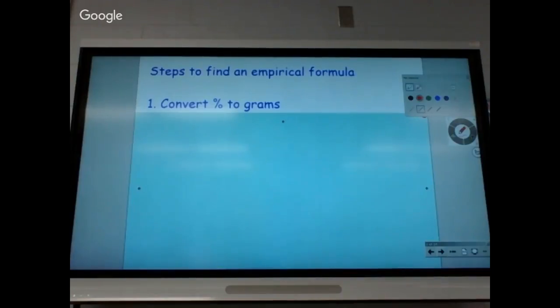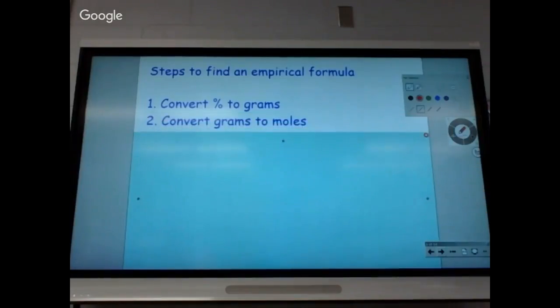A lot of the math calculations we'll get will not give us grams directly. It'll give us percents, so we're going to have to change the percent to grams. Then we're going to have to change grams to moles. Well, that's not an issue because we all know how to change grams to moles.